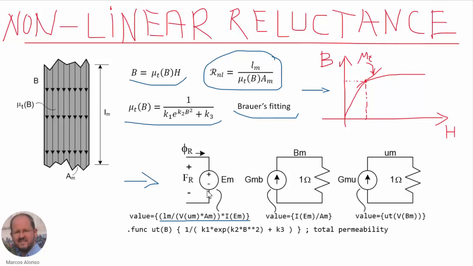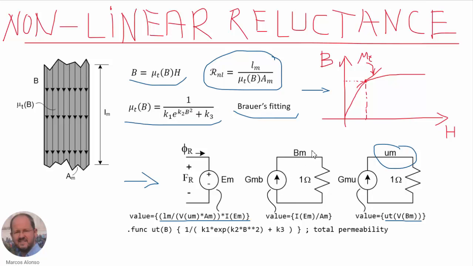So if we divide the voltage given by these expressions by the current circulating through it, then we are going to have this value of the equivalent resistance, in which the total permeability is modeled by this variable voltage here, V of mu n. V of mu n is the voltage here, and is generated with this behavioral current source, which implements this expression corresponding to the Brouwer's fitting depending on the magnetic flux density.